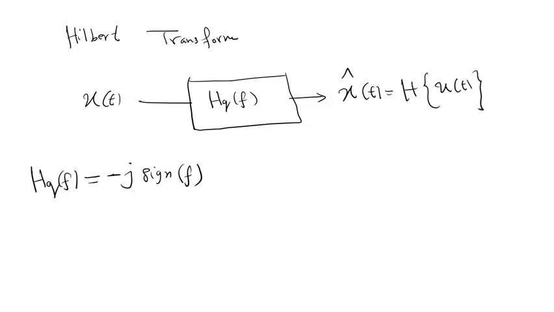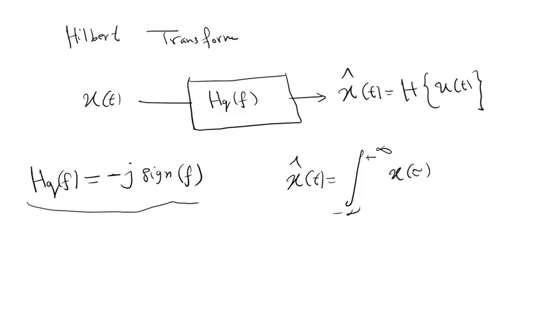We only phase shift, minus 90 degrees for positive frequencies and plus 90 degrees for negative frequencies. This is the Hilbert transform, and in the time domain the convolution is x hat(t) equals the integral from minus infinity to plus infinity of x(τ) times 1/(π(t minus τ)) dτ. I'm gonna use it for single sideband modulation.